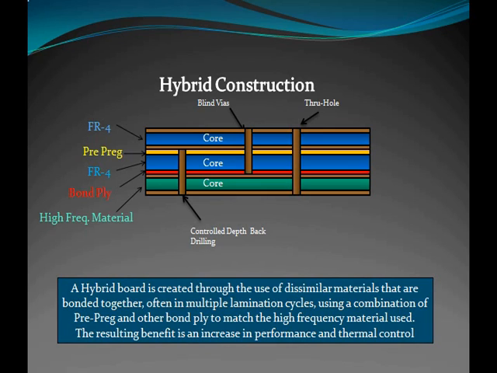Multiple and often sequential lamination is required due to the dissimilar bond ply and complexity of design. The resulting benefit is increased performance, increased thermal control, and cost optimization. In hybrid lamination, the cost is higher than standard lamination due to the use of high-performance materials and increased labor costs due to multiple drill and lamination operations.